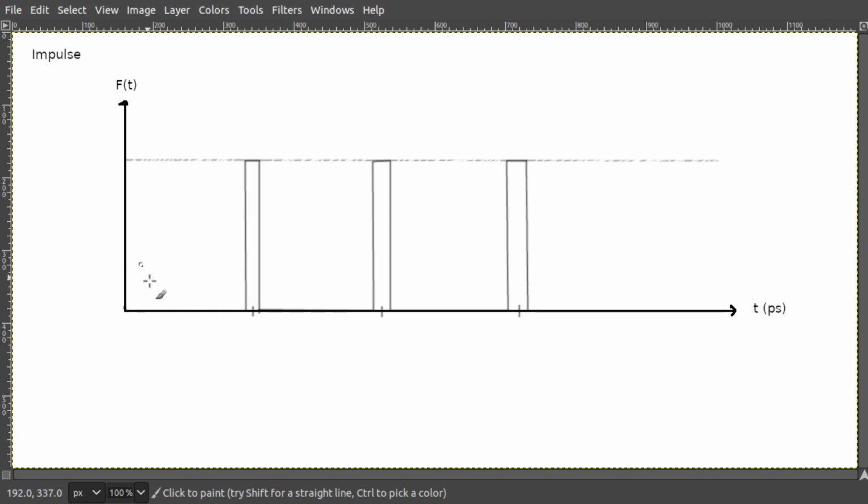So we can picture that situation like this. Here's the force exerted by our left-hand wall, and it turns on just for a very small fraction of a picosecond right there.